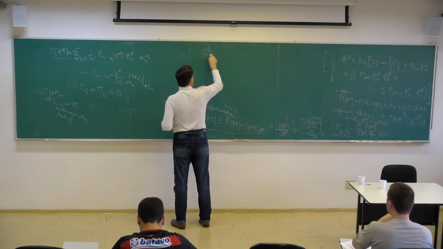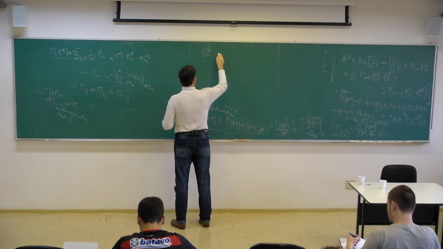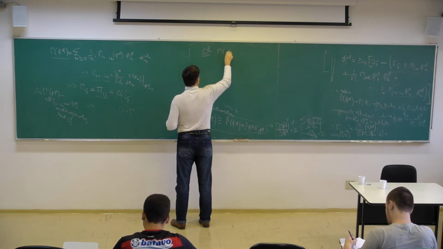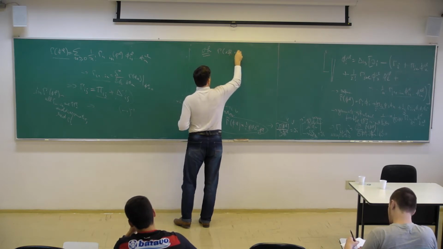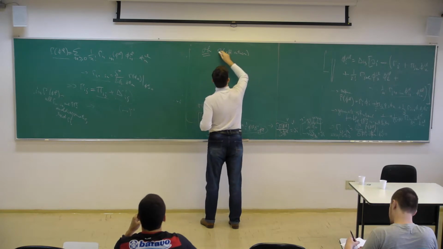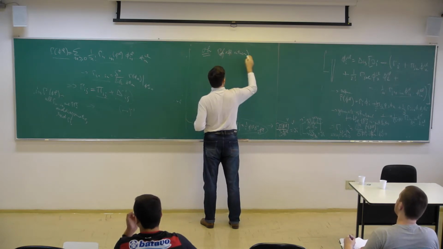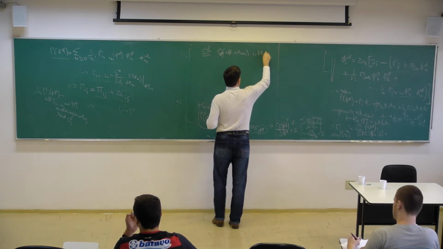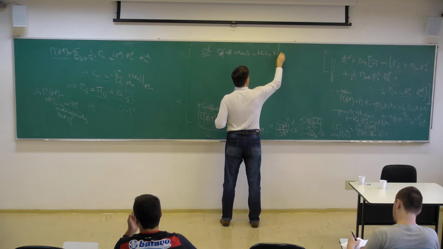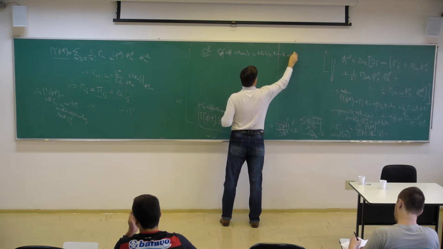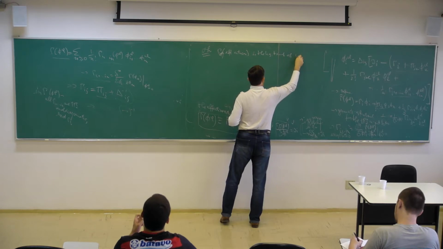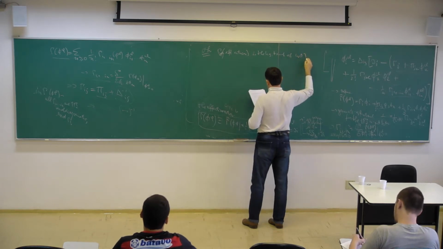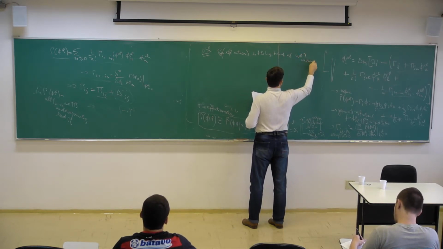Let's write this as a theorem: the effective action gamma of phi classical is the Legendre transform of W of J, the free energy.